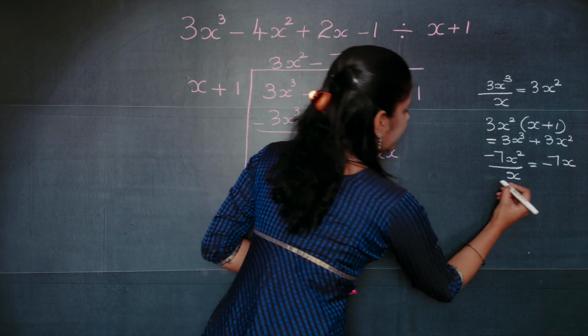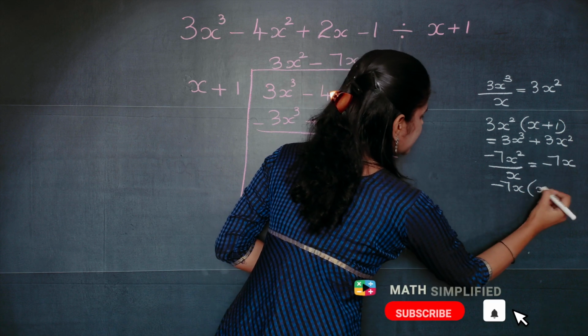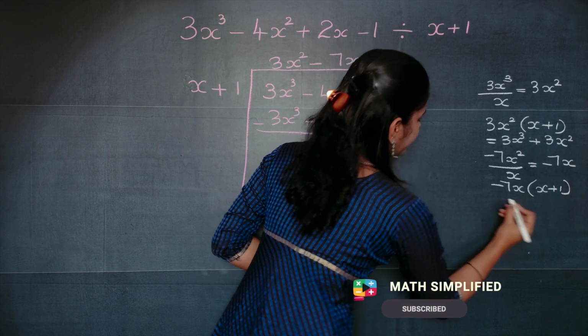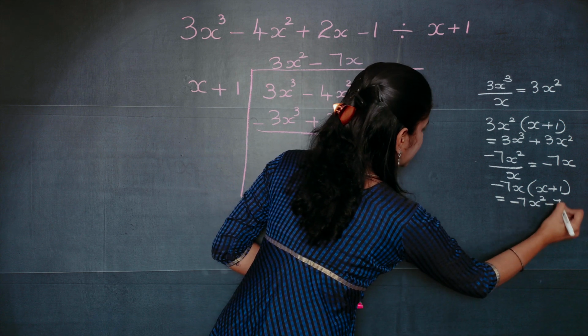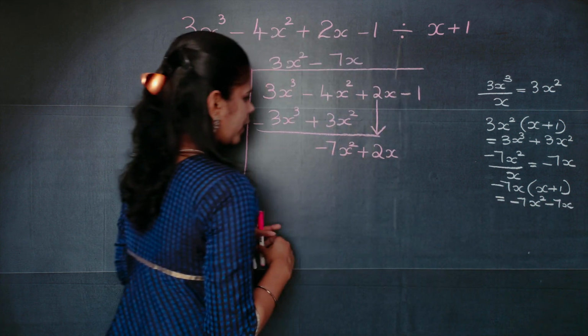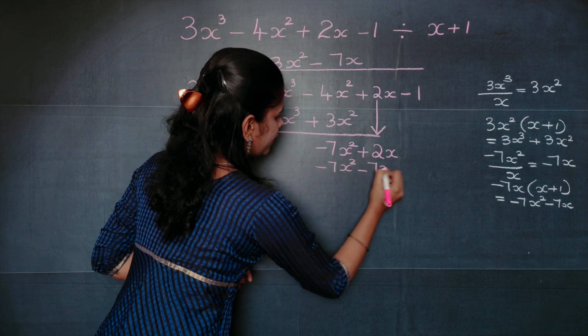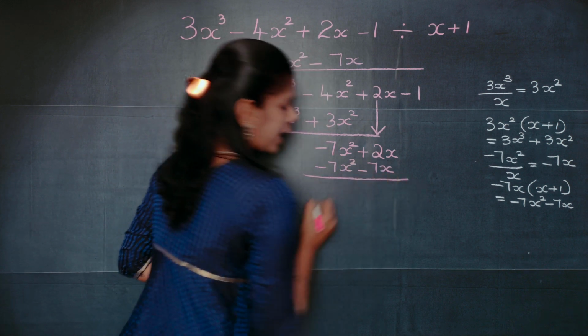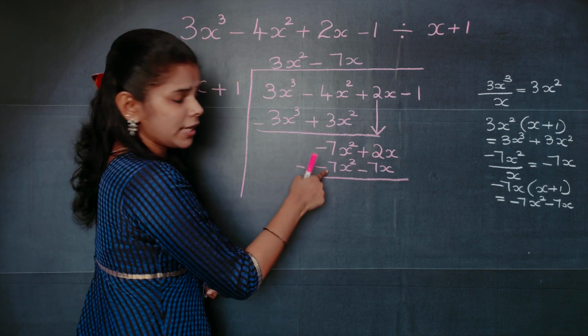You should multiply negative 7x into the divisor, that is x plus 1. So when you open, you will get negative 7x square minus 7x. That you will write over here. So negative 7x square minus 7x, and then you will subtract. So here negative 7 minus negative 7.